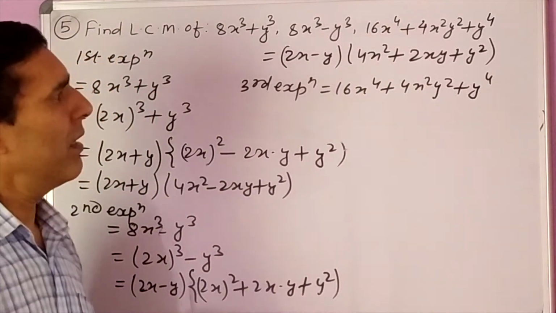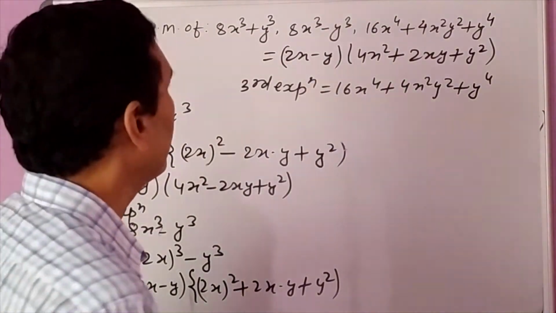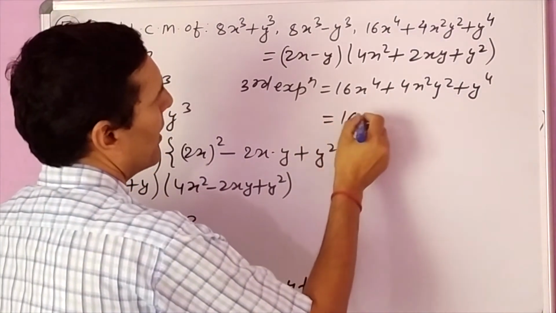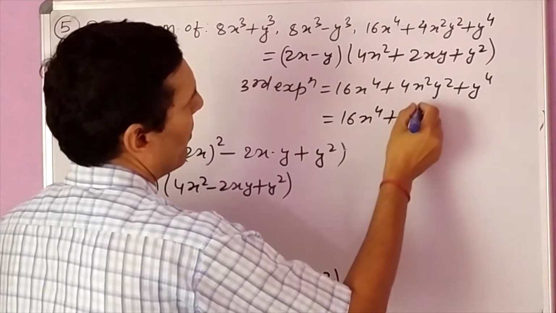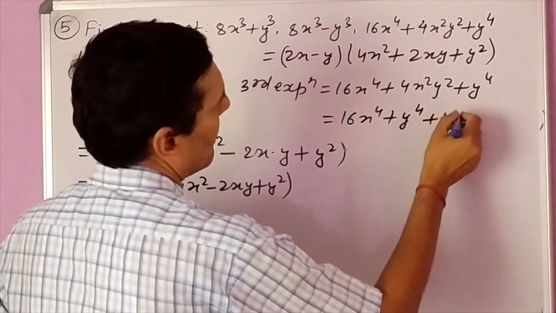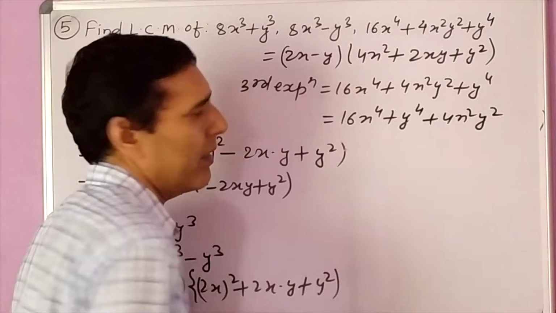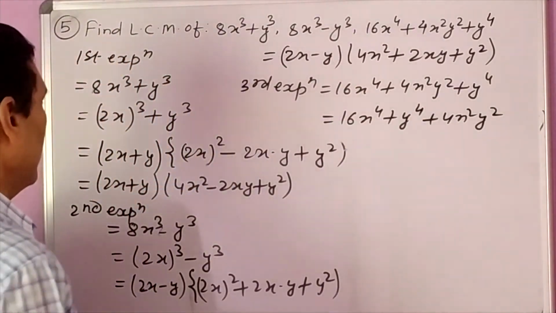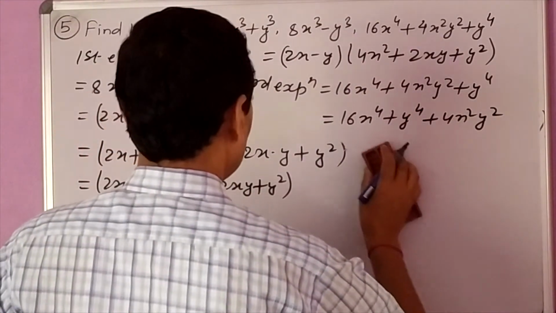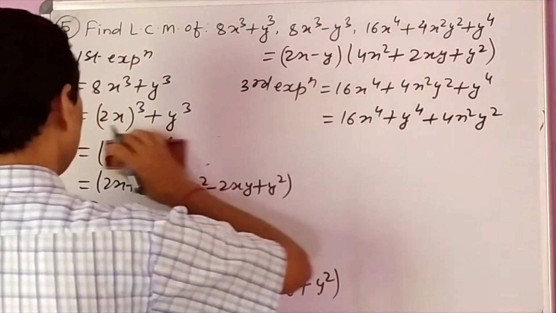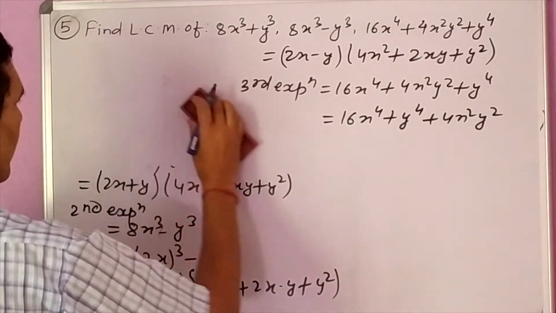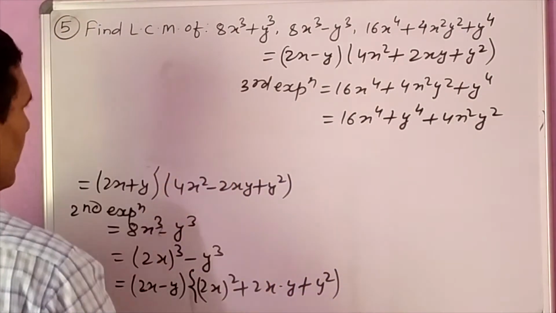You know how to factorize this. 16x power 4 and y power 4 we write together, and 4x square y square we write last.